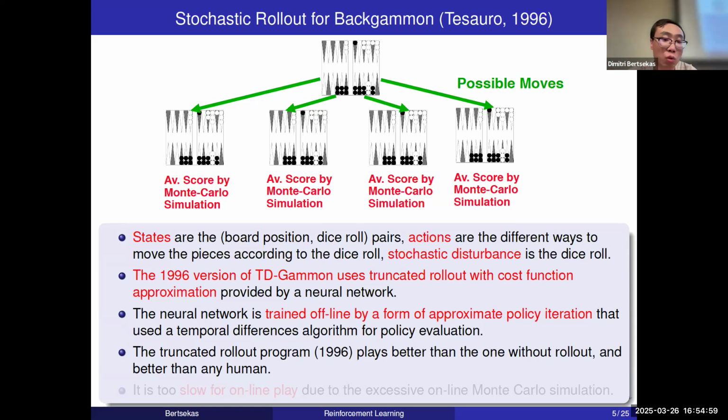And he ran one-step or two-step lookahead for this truncated rollout. As it turned out, after introducing this truncated rollout portion, the performance got a boost, and it can defeat human champion after introducing those rollout portions.